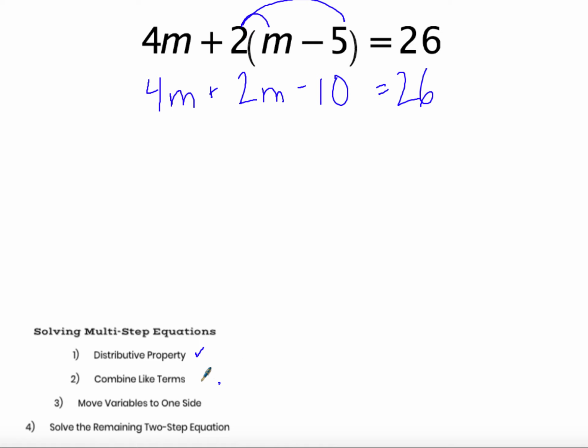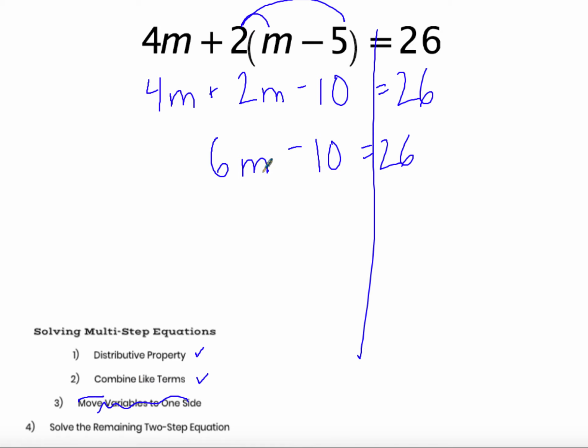All right, distributive property. Next, we combine like terms. We do have like terms. 4m plus 2m is 6m minus 10 equals 26. Check. Variables to one side, not necessary here. We only had variables on the left-hand side of our equation, and then we are solving our remaining two-step equation.